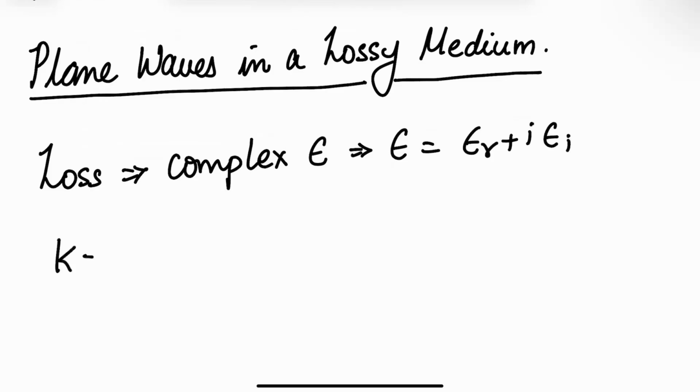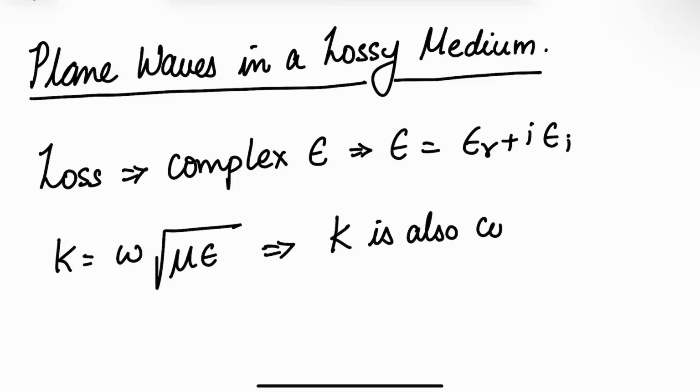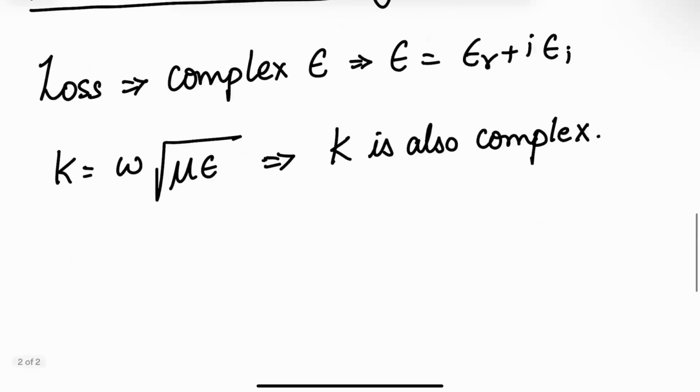Since k is equal to omega square root of mu epsilon, k also becomes complex. So essentially, we will treat the lossy material as a material that has complex k.